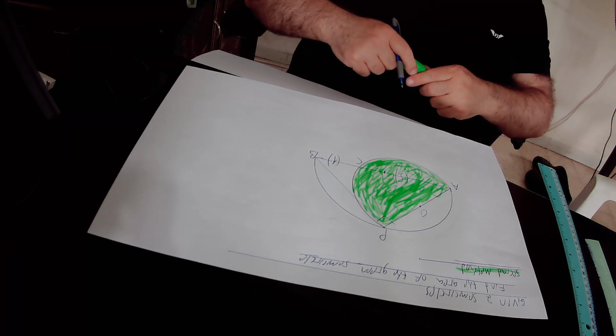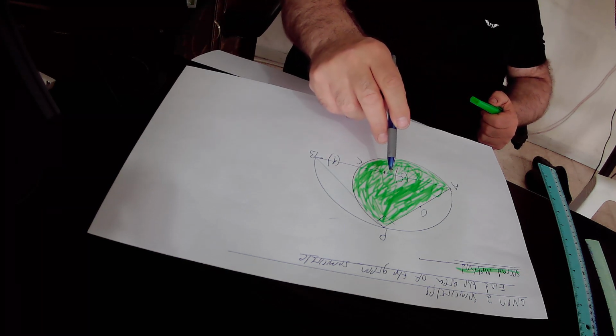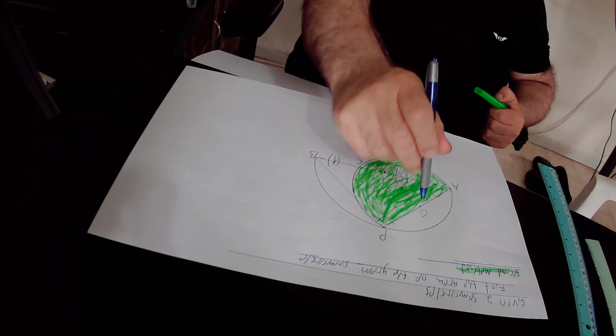So we'll define the radius r of this green semicircle. We'll define the radius of this green semicircle as r. Therefore, PO equals r.